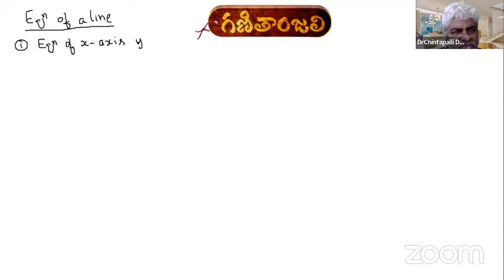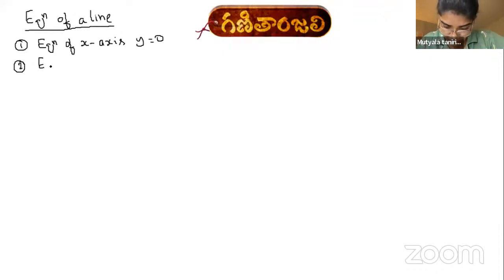Can you tell what is the equation of the x-axis? Y equals 0, sir. That's good. Equation of the x-axis: y is equal to 0. Equation of the y-axis: x equals 0? Yes. Equation of the y-axis.